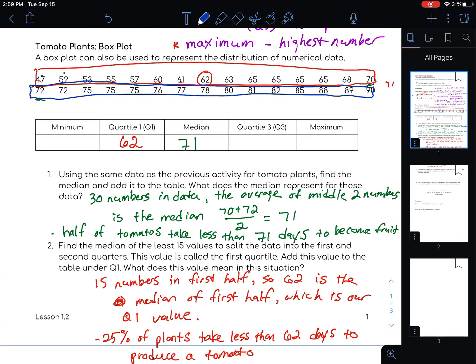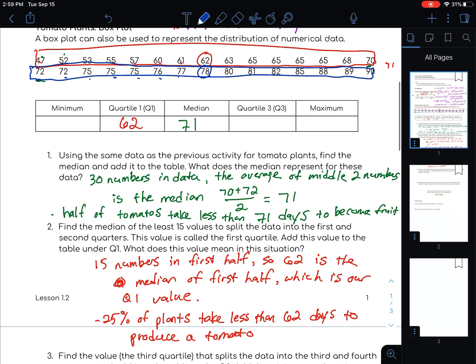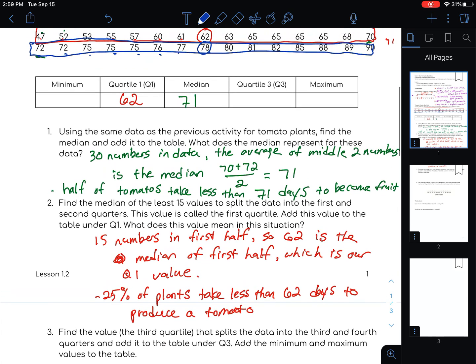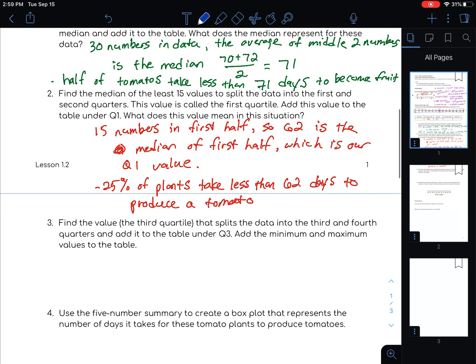So the median of that second half is going to be, since there's 15 numbers in that second half, just like there was in the first half, the eighth number: 4, 5, 6, 7, 8 of that second half, because halfway for the 15 numbers is the eighth number. That's the exact middle.